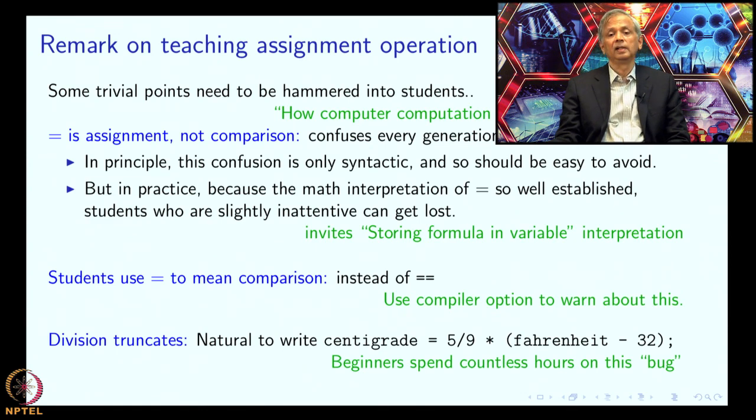In fact, Python has done this. In Python, if you write 5 upon 9, it doesn't mean 0, it means 0.55. The division operator will have the result as a double. If you want an integer, you will have to additionally change it to an integer. And the way programming languages evolve, I won't be surprised if C++ also changes this at some point or another.